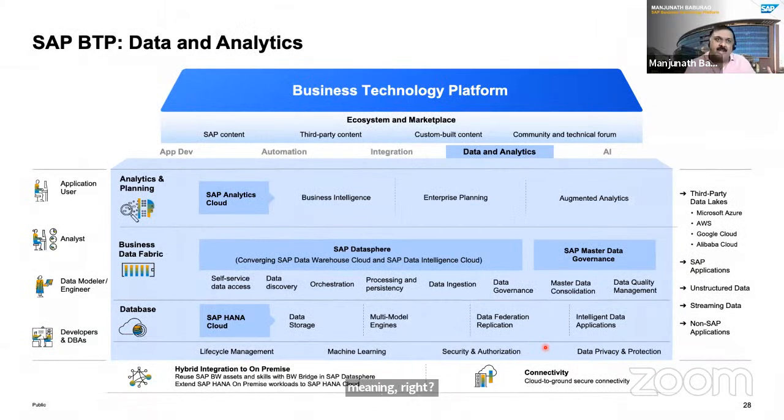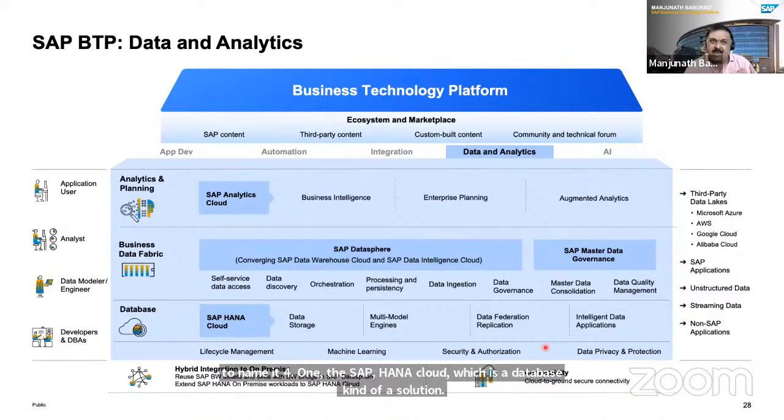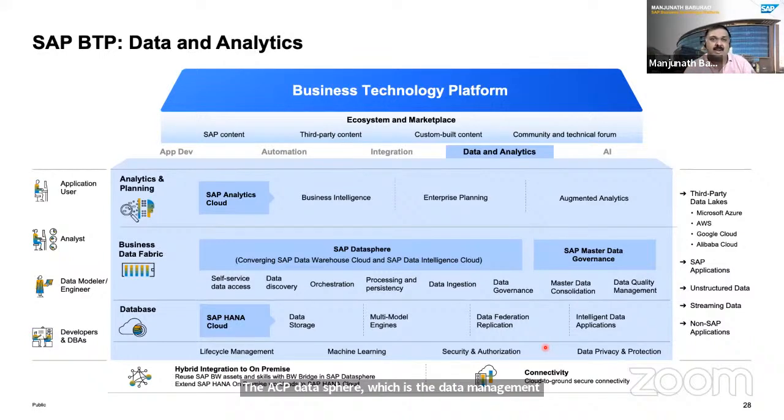The data and analytics portfolio on BTP has various different products, basically to name four. One, the SAP HANA Cloud, which is a database solution. The SAP Data Sphere, which is the data management solution, and also a foundation for what we call the business data fabric.